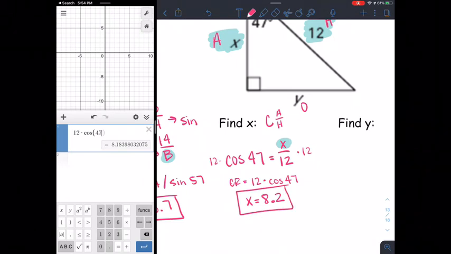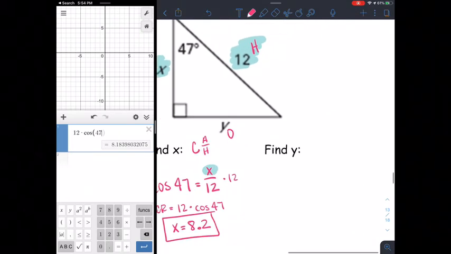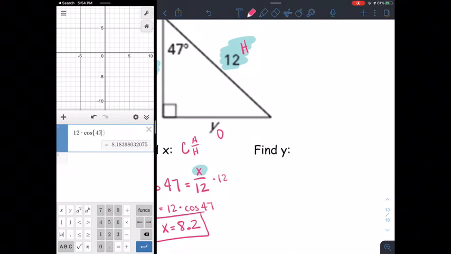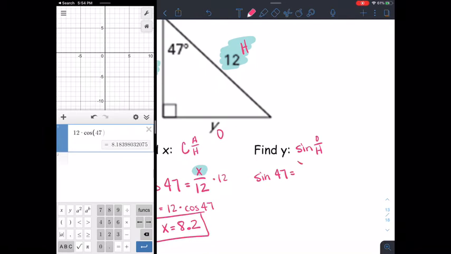8.2. And again, we're going to ignore this x because we don't want to use something that has been rounded to find y. So now I have the opposite and the hypotenuse, so I'm going to use sine is opposite over hypotenuse. So the sine of my 47-degree angle is the opposite, y, over the hypotenuse 12.